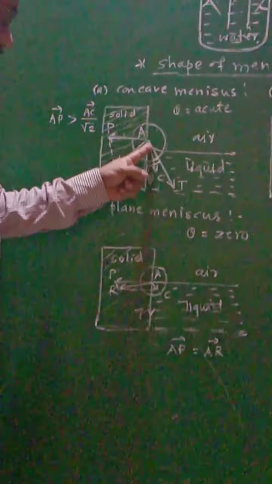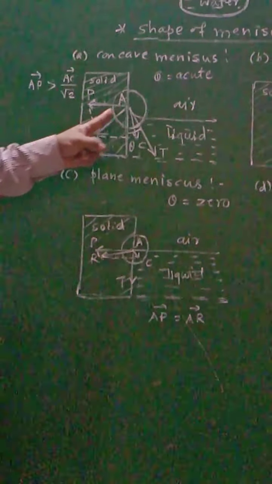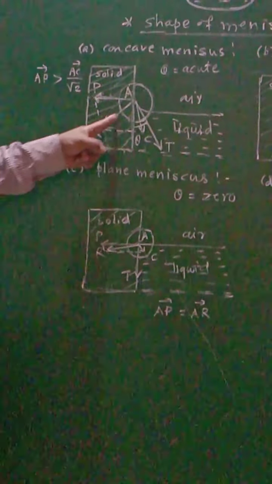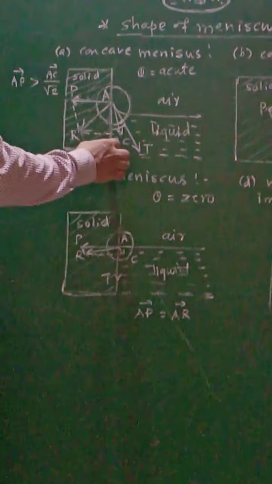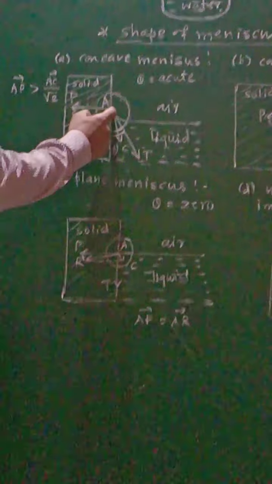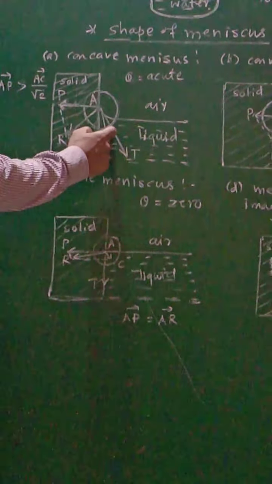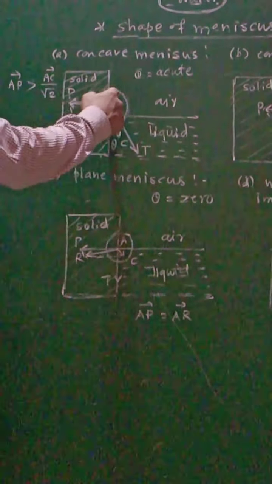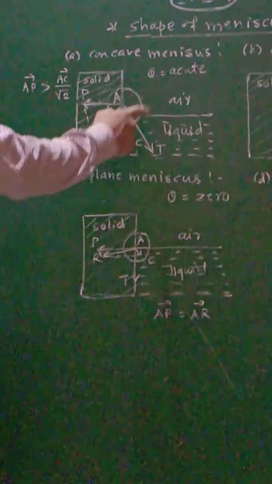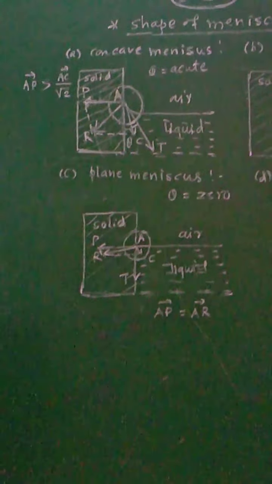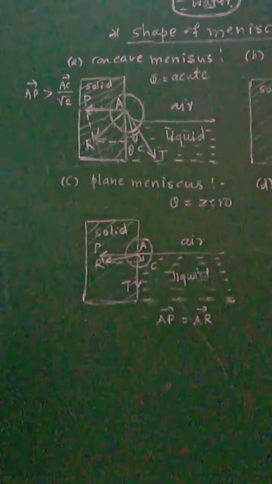Now, if we draw tangent AT to this surface, then it will be perpendicular to this resultant force AR, and therefore the angle between the solid surface and the tangent drawn to the liquid surface at the point of contact, that is this angle between this solid surface and this AT, that is theta, is nothing but the angle of contact, and in this case the angle of contact theta will be an acute angle.